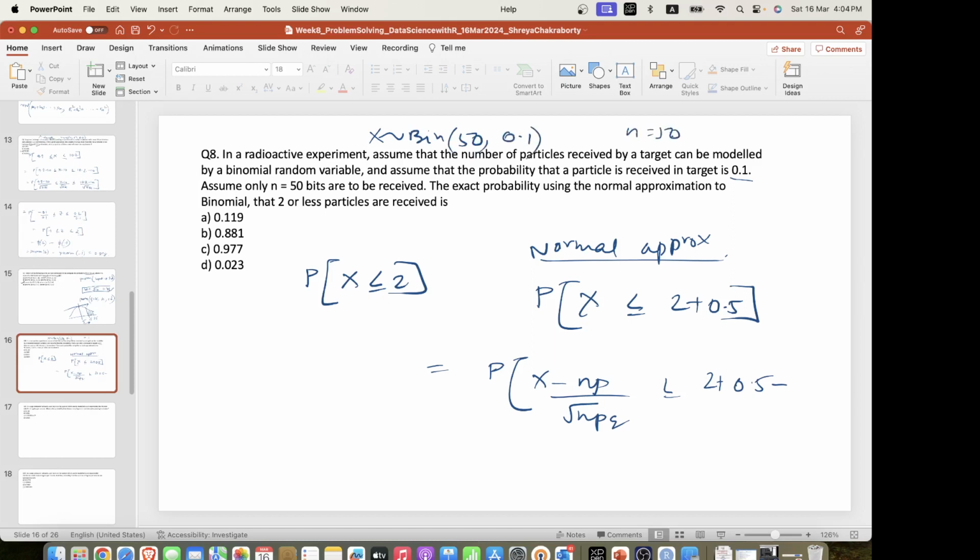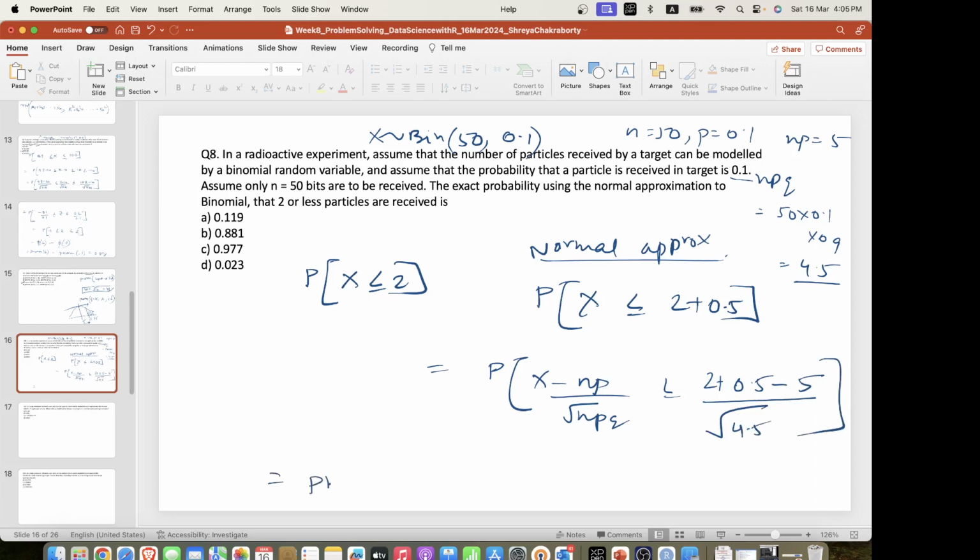So n is 50, p is 0.1, np is 5 and npq is 50 into 0.1 into 0.9, so that would be 4.5. Alright, so this one would be 2 plus 0.5 minus 5 by root over 4.5.